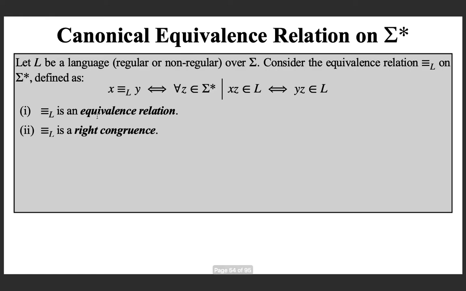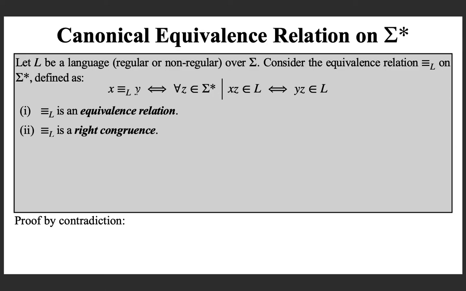Second, it's a right congruence. Right congruence means whenever x is related to y, then for all input symbols a, xa is related to ya. Maybe we can prove that using the method of contradiction. For the purpose of contradiction, we need to prove that xa is related to ya whenever x is related to y.